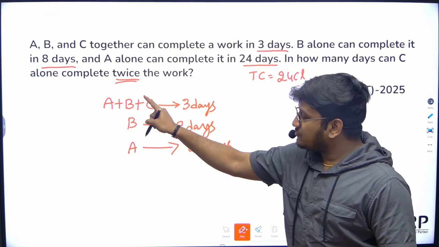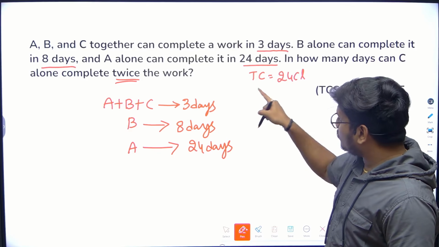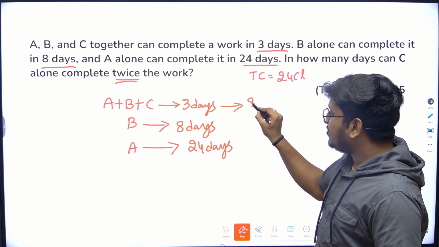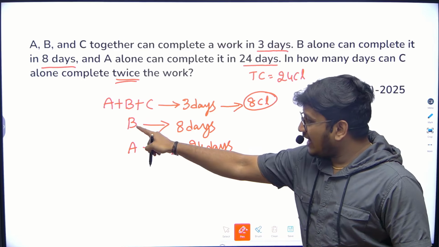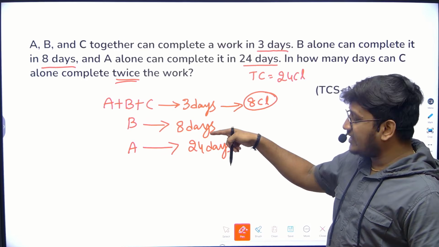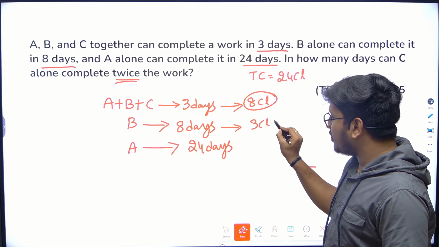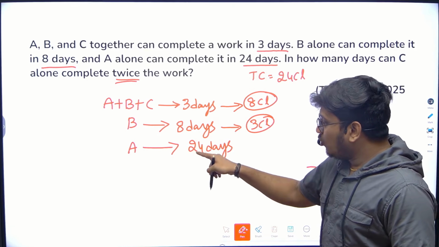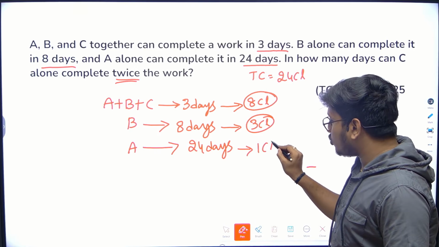Now A plus B plus C all three together take 3 days to complete 24 chocolates, right? In one day, how many chocolates can they eat? 8 chocolates per day altogether. Now B alone can eat 24 chocolates in 8 days, which means 3 chocolates per day. This is B's efficiency. Now A alone can eat 24 chocolates in 24 days, so only 1 chocolate per day.